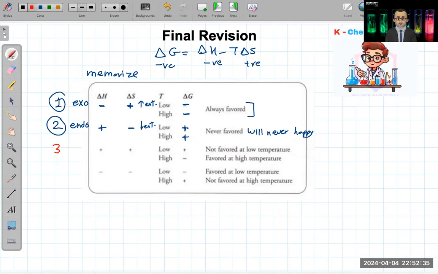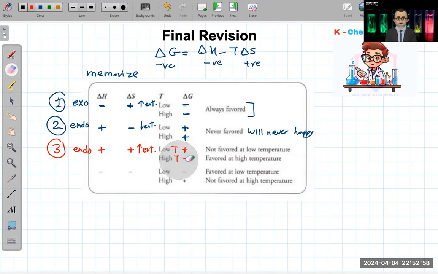The third case tells me the delta H is positive, which means it is endo, and the delta S is positive, which means the entropy is increasing. In this case, I have two options: is the temperature high or low? If the temperature is high, it's not favored.